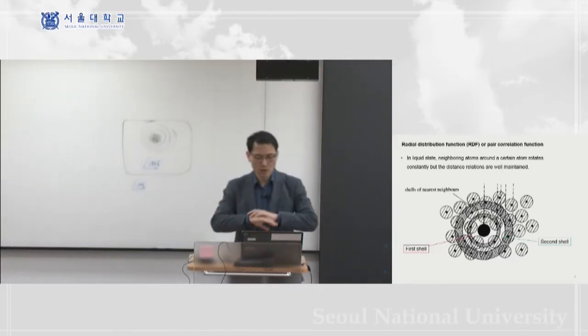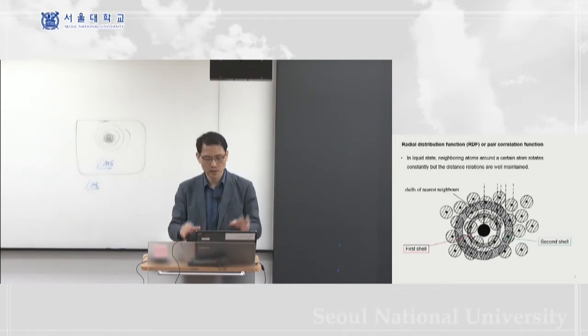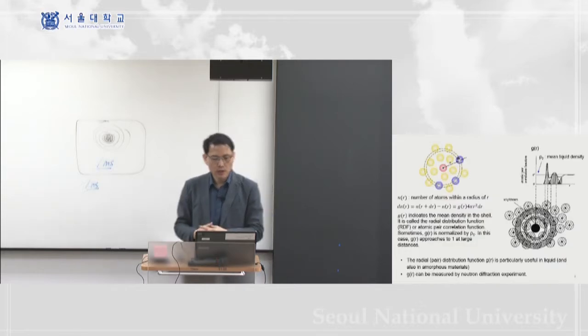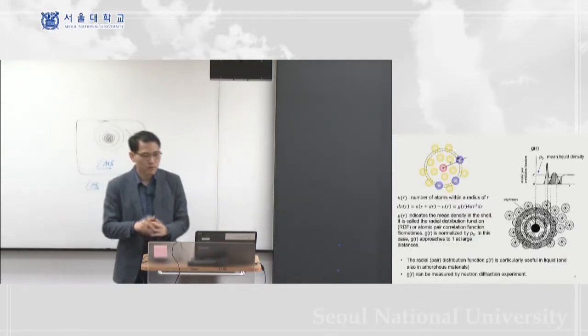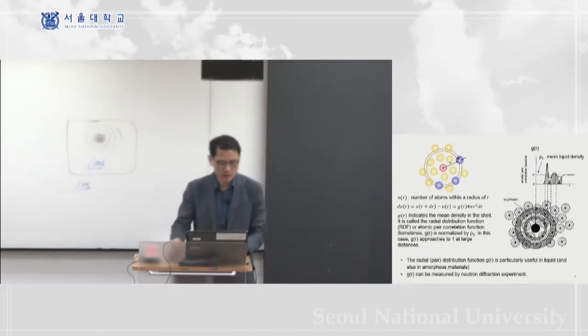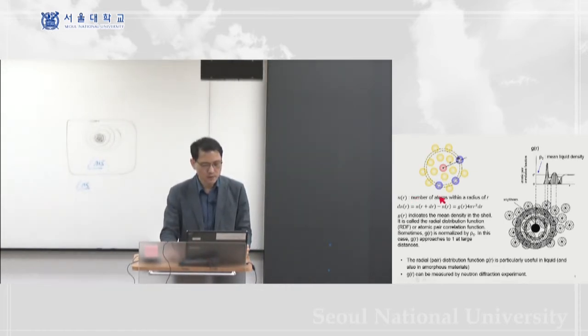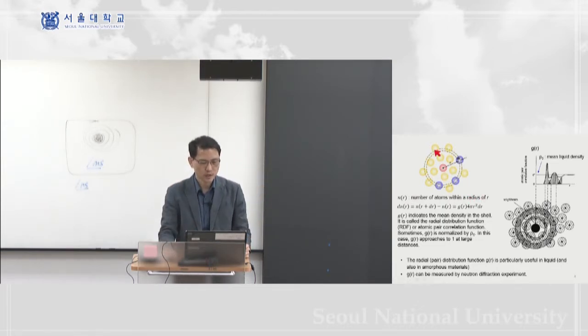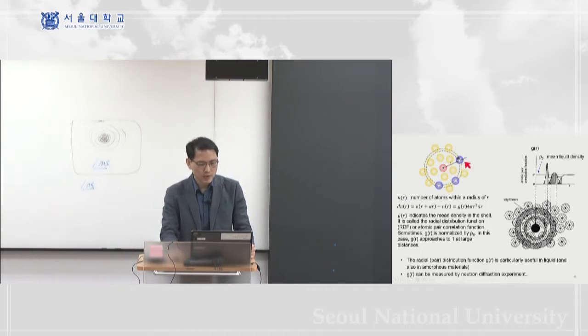Even though it is dynamic, we can extract average or characteristic features of the liquid phase. In order to quantify this distribution, we first define N(r). N(r) is the number of atoms within a sphere of radius r. Then we take a slightly longer radius, r plus dr, and take the difference between N(r plus dr) and N(r).